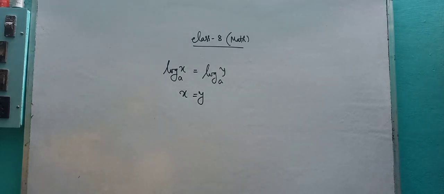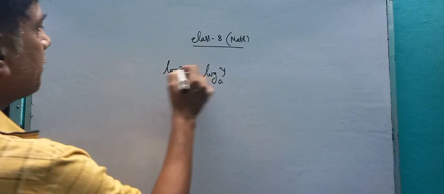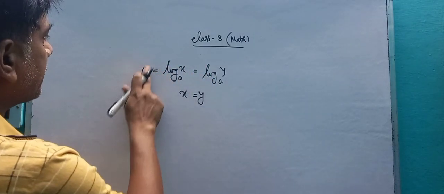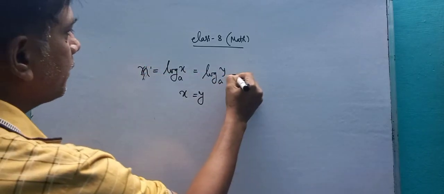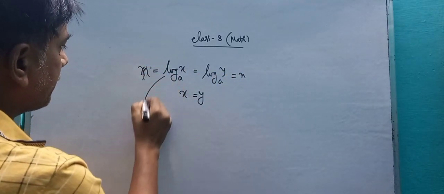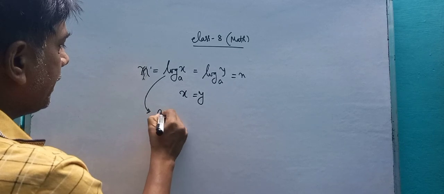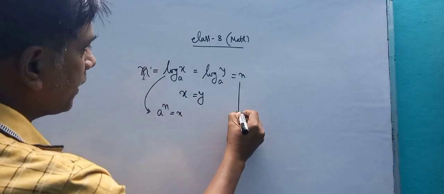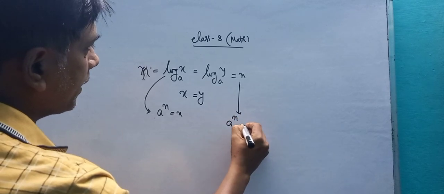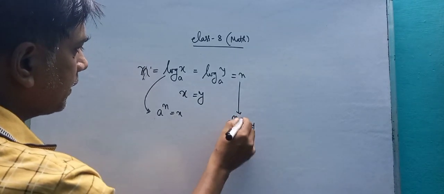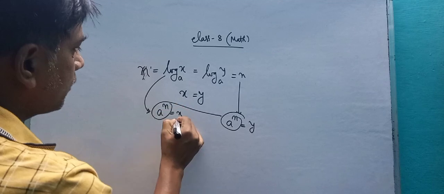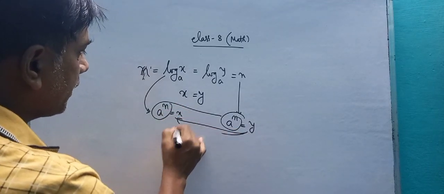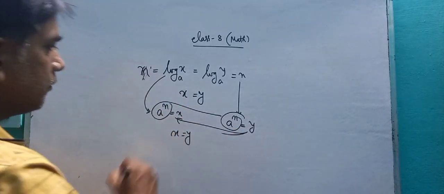Why? Because if I write both in exponent form, a to the power n is equal to x, and here also a to the power n is equal to y. The left sides are both equal, so the right sides must also be equal. That's why x is equal to y. Clear?